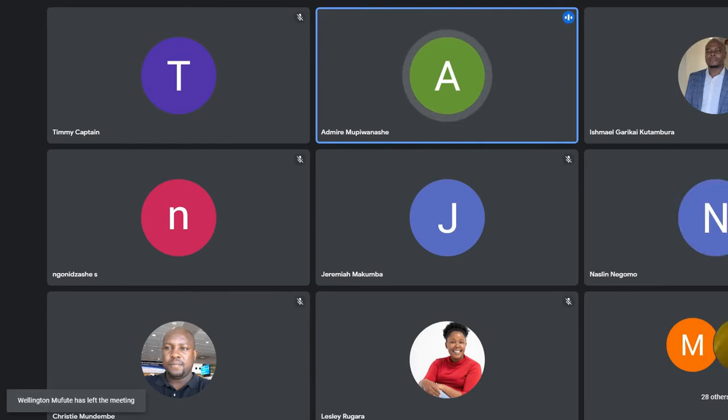The second one is obtaining informed consent. You need to make sure you've got informed consent from the participant. You need to inform them of the part they are taking in the research and what is required of them.